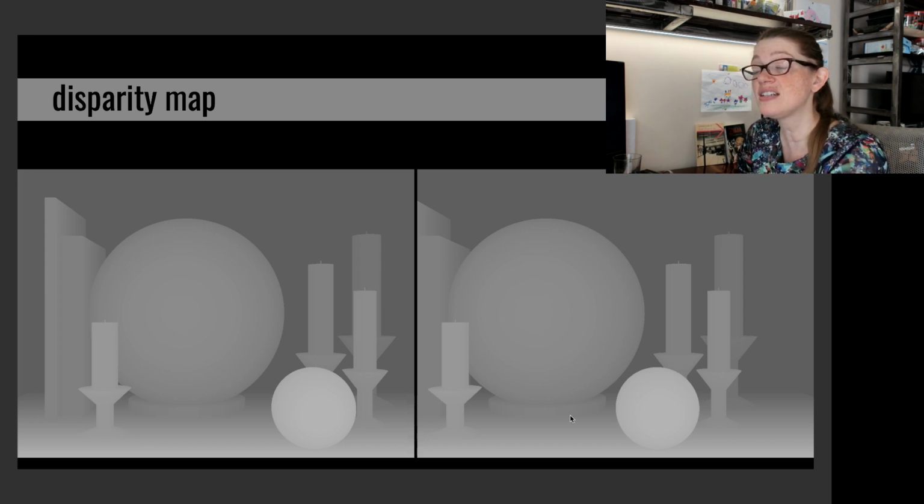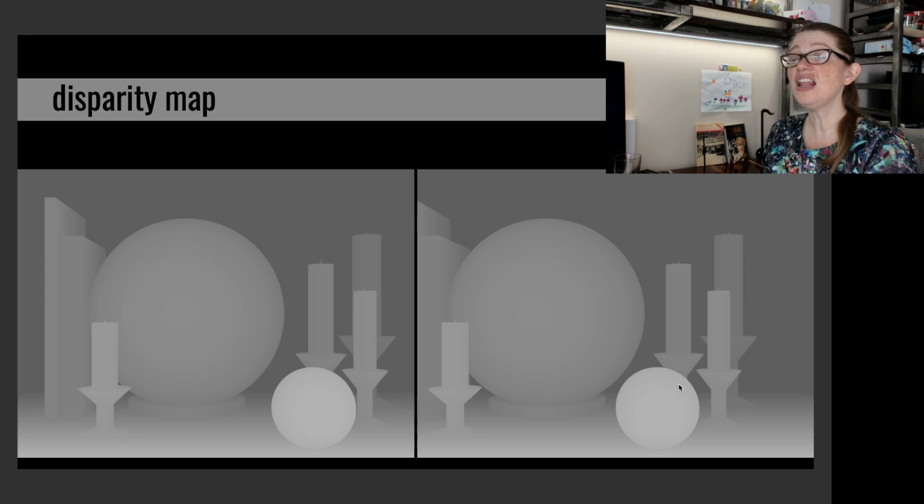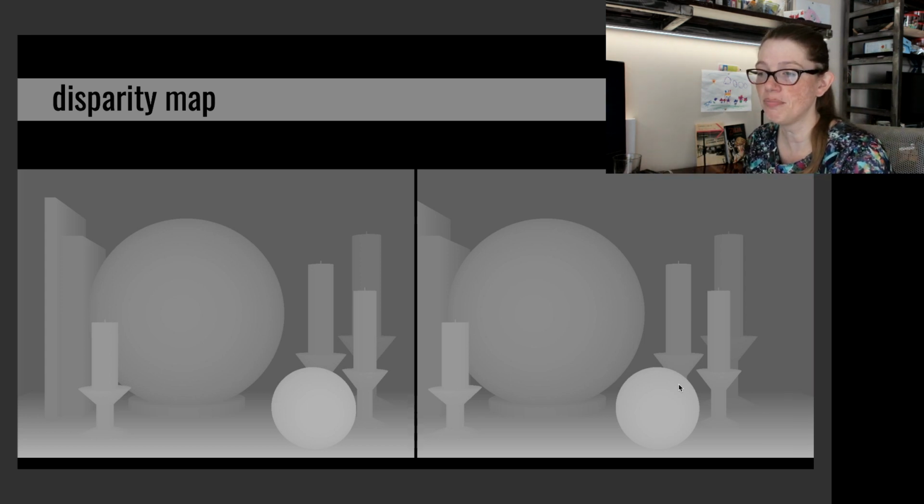To go from right to left, instead of subtracting the disparity, you would add it. So these disparity maps tell us the separation between two corresponding points. And for the record, this is the nicest disparity map you're ever going to see.